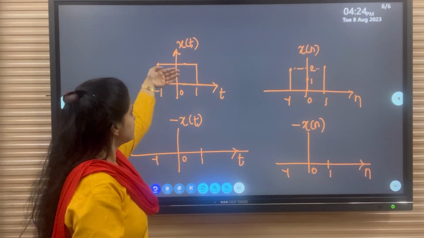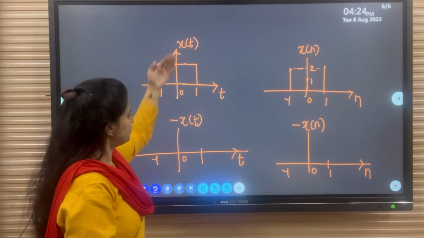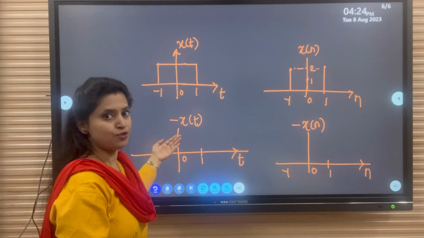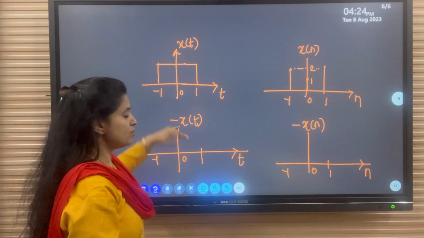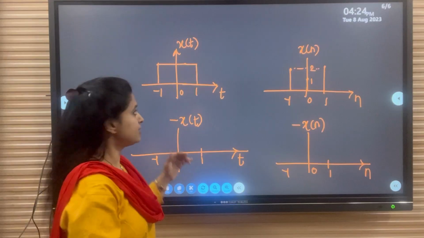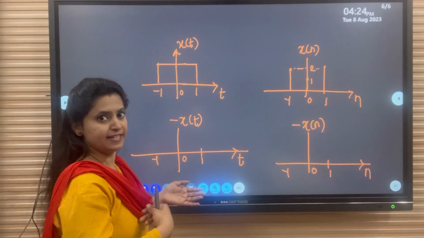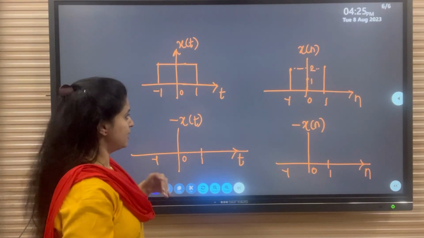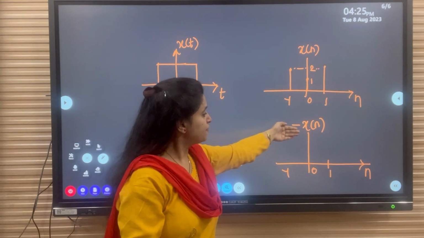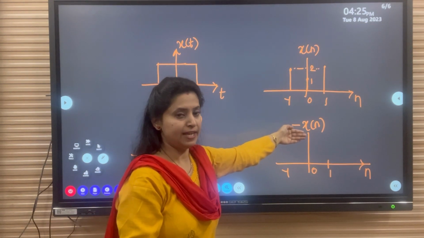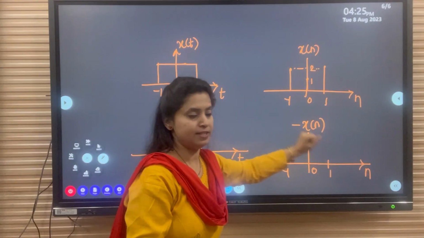Or we can consider this is simply x of t and we are obtaining minus of x of t, means it is amplitude reflection. So in that way we can consider it is amplitude reflected signal or reverse signal. So here x of n is taken and its amplitude reflected signal minus x of n is considered.